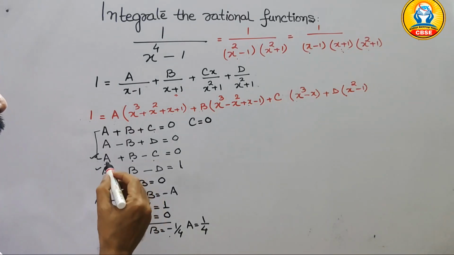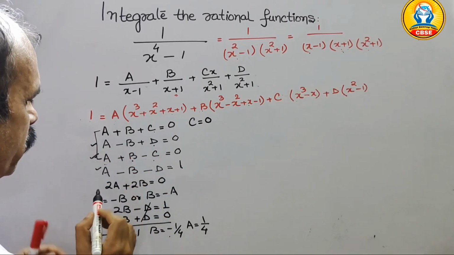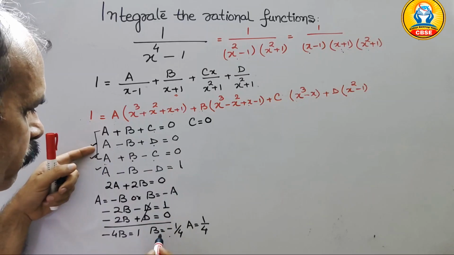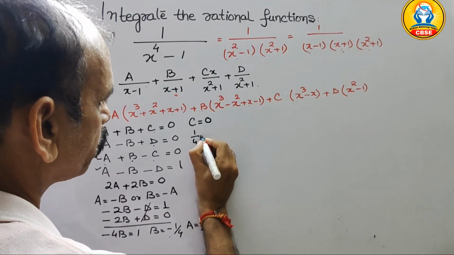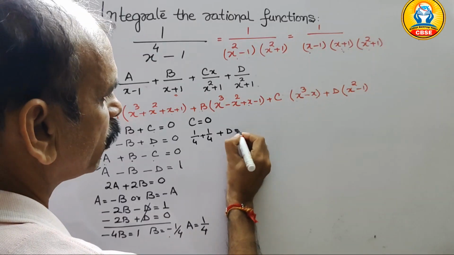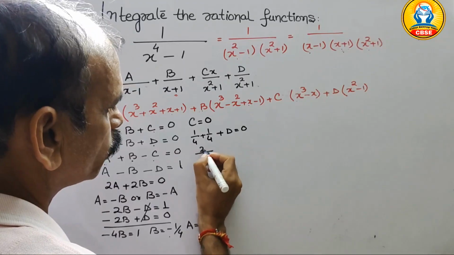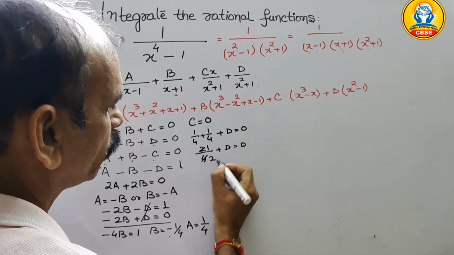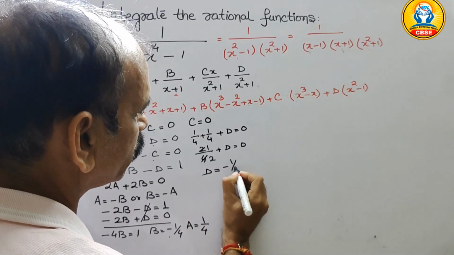Next, we will substitute here to get D. Here A is 1 by 4 minus of minus 1 by 4, so it will become 1 by 4 plus 1 by 4 plus D is equal to 0. Take the LCM, LCM is 4. We will get 1 by 2 plus D is equal to 0. Therefore D is equal to minus 1 by 2.